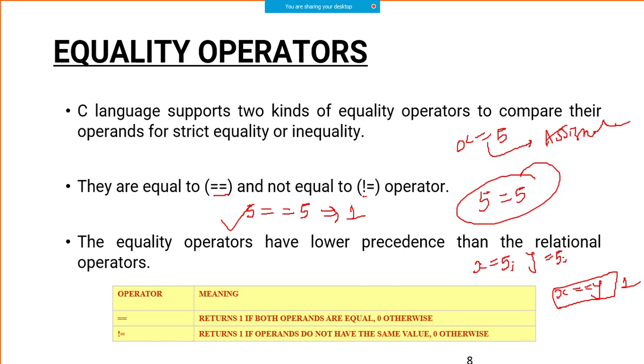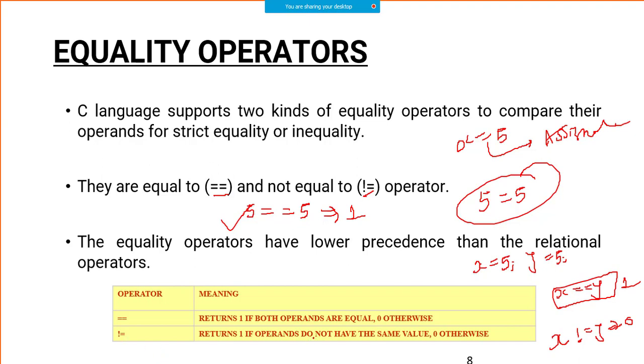Then there is not equal to operator. That means suppose I write here x not equal to y. तो x is also 5, y is also 5, यानी कि ये false आएगा, इसका आंसर 0 आएगा. x not equal to y गलत है, x equal to y है ना, right? So यहाँ पे लिखा हुआ है, देखिए, equal to returns 1 if both the operands are equal, otherwise 0.